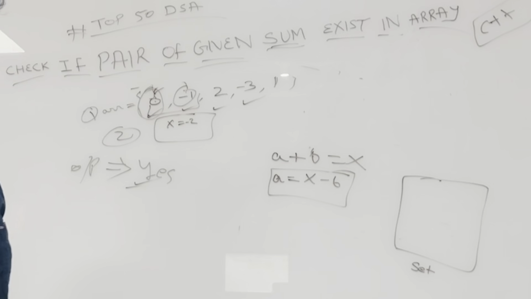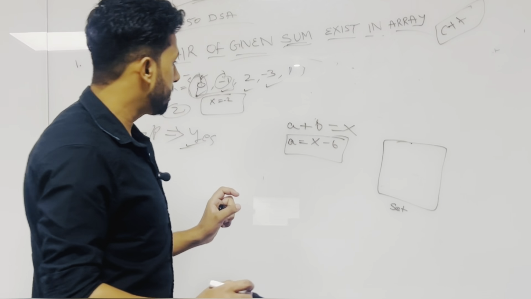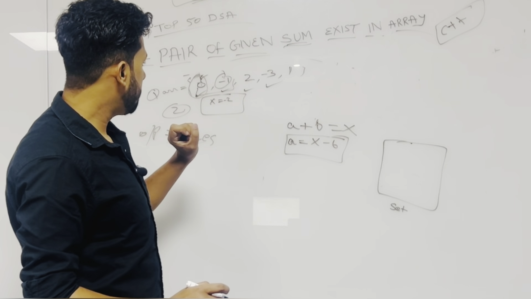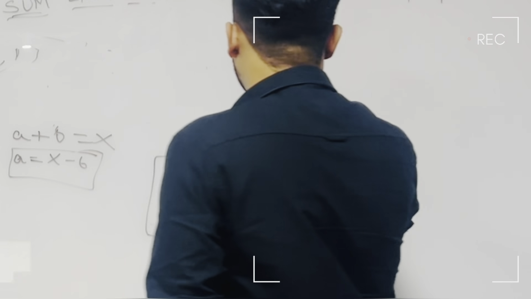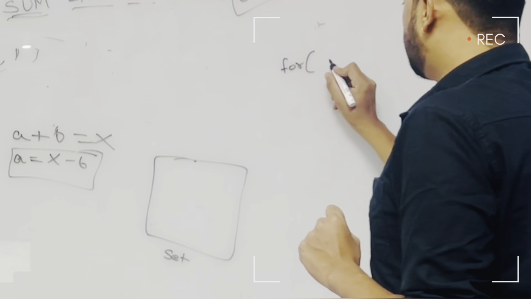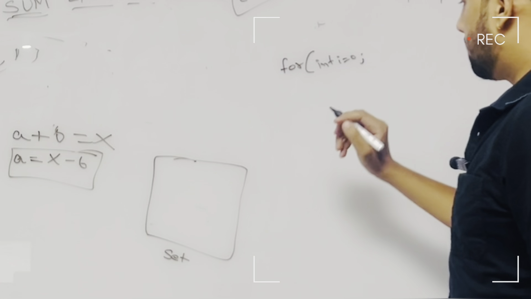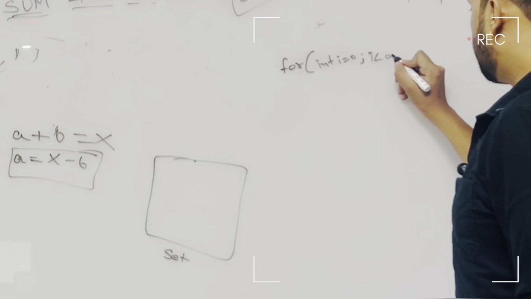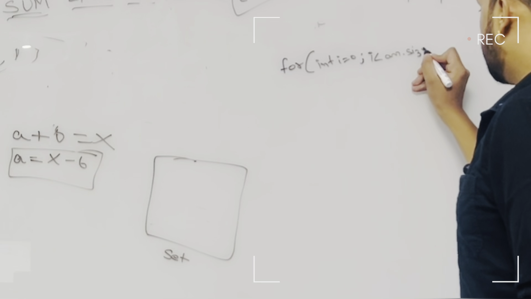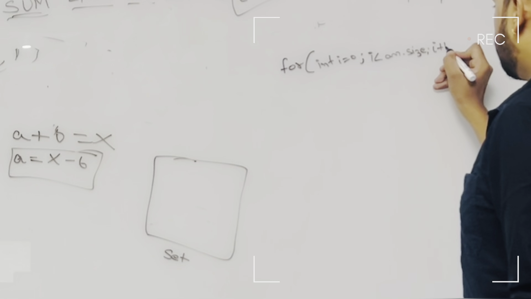Now we will iterate this array: for int i equal to 0, i less than arr.size, i plus plus.